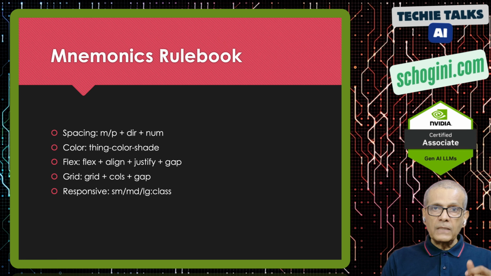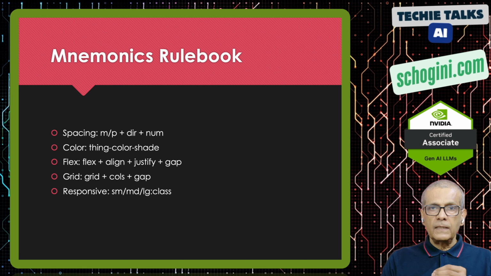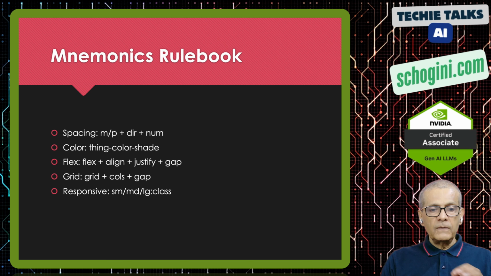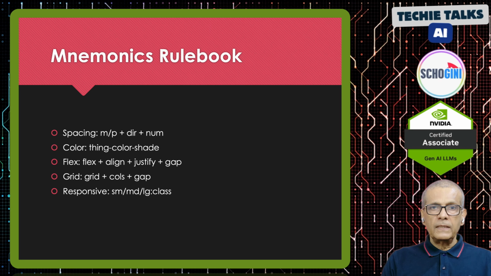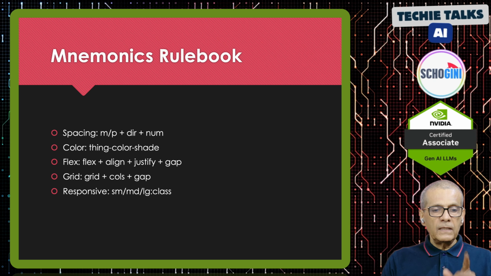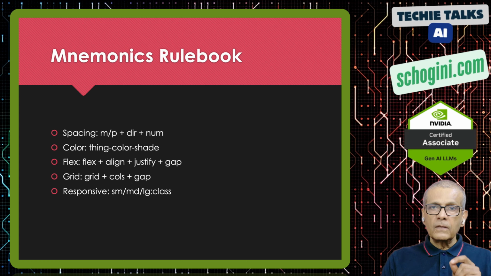Color is what you want to style, plus color, plus shade. We'll see examples of each of these in the coming slides. Next is flex: flex plus alignment utility. We'll see what it is. After finishing a couple of slides, when you come back here, you will know what these mnemonics mean. So spacing, color, flex, then grid: grid plus column count.